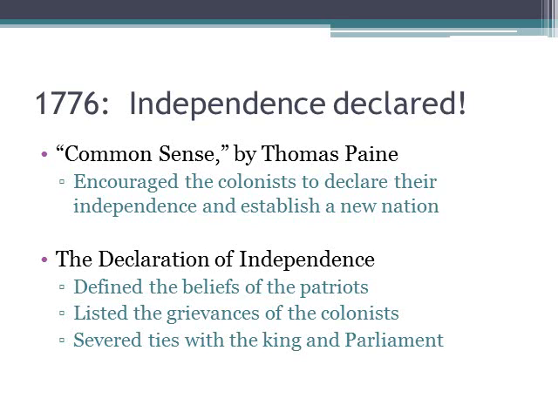The second document is a very famous document in our history. It's the Declaration of Independence, and it comes really in several parts. It defines the beliefs of the patriots and why they think rebellion is necessary. It lists the grievances or complaints that the colonists have against the king and Parliament, and it officially severs the ties with the king and Parliament.